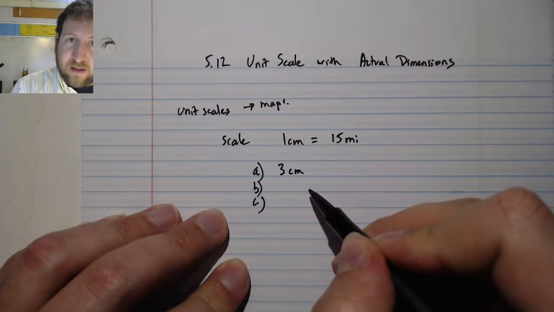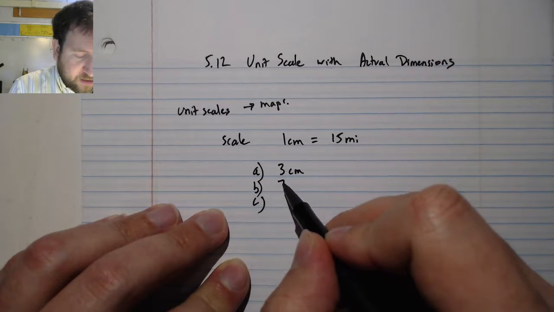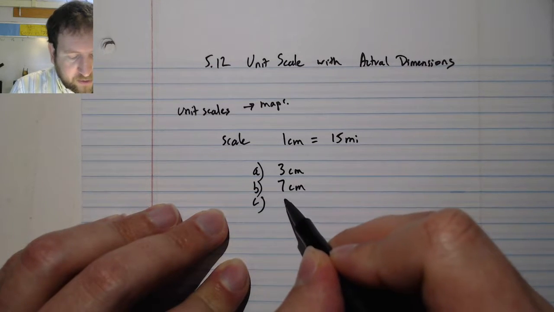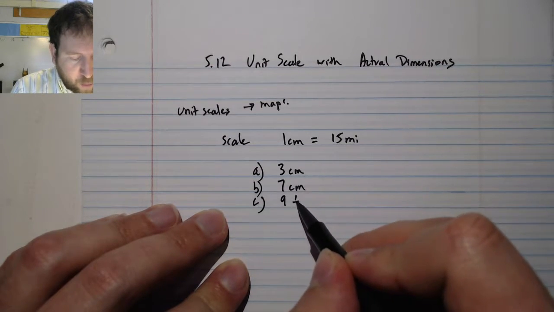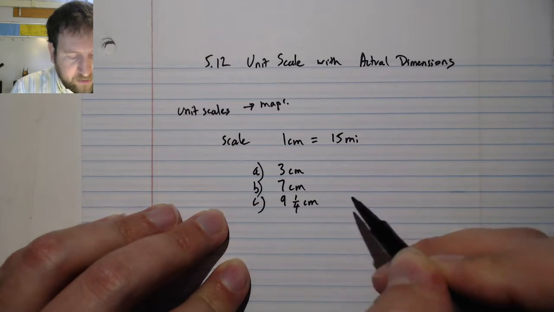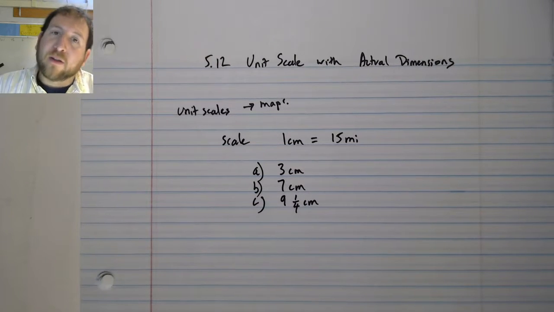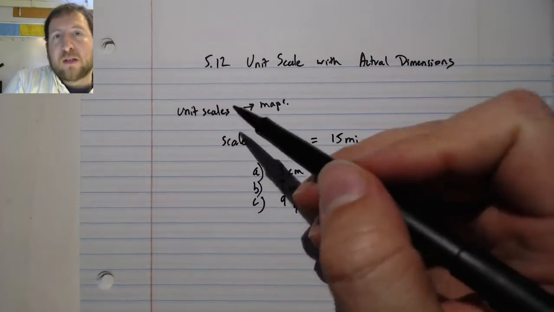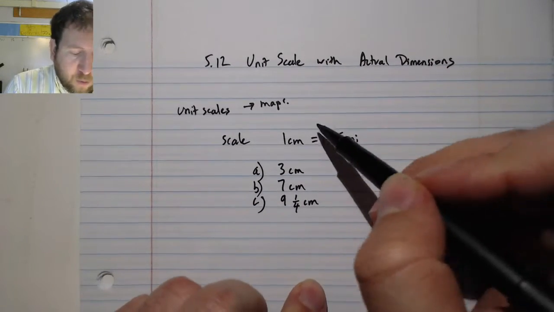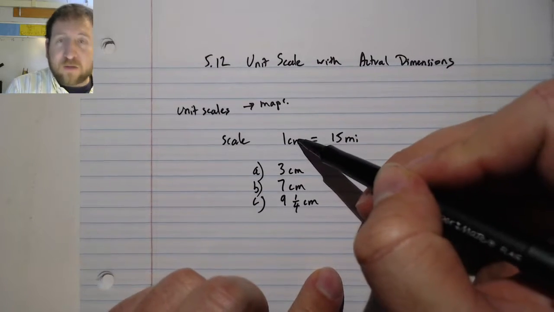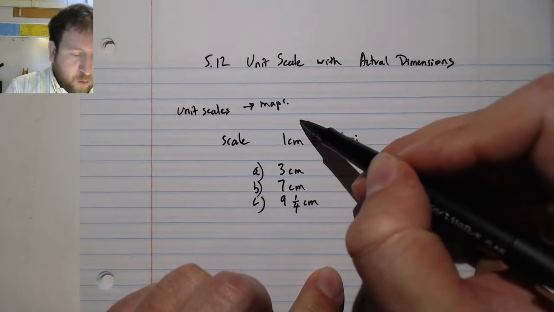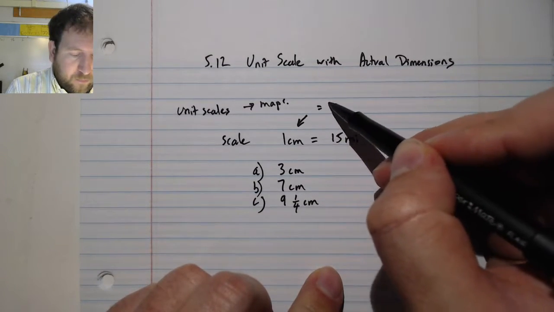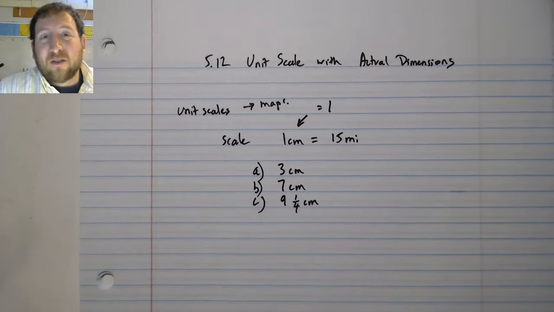I have to find the distance for 7 centimeters and also 9 and 1/4 centimeters. And I want to figure out those very quickly and very easily. Well, what's nice is when I use a unit scale, typically one of these units, usually this one, is going to be equal to 1. So then it's easy, and all I have to do is really multiply.